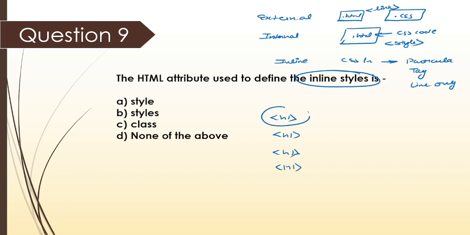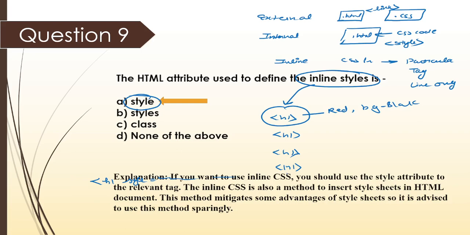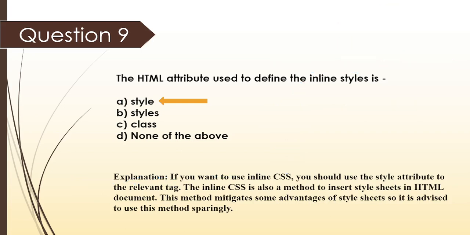I want only this h1 in red color, only this h1 with background color black. So I can use inline style on this particular element only. For this, you need to give it a style attribute. Let's say h1 style equals like this. Here you can check the explanation also.